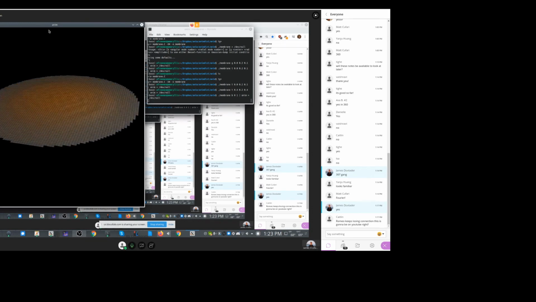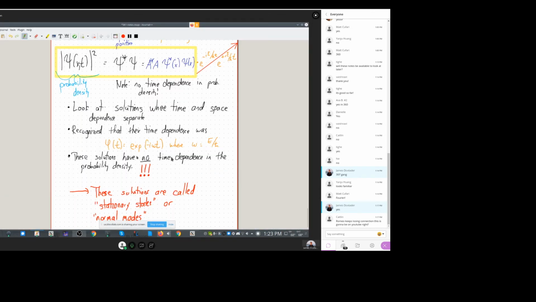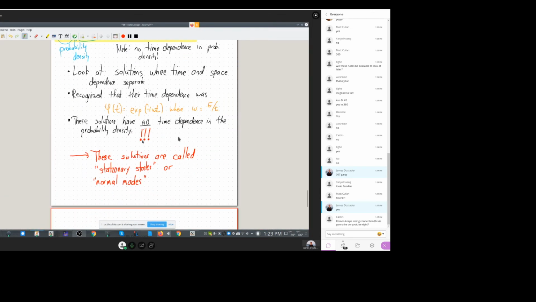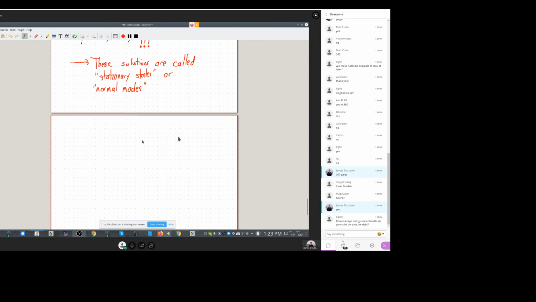You could write this vibration in the form y of position and time equals some amplitude that depends only on position times sine omega t.